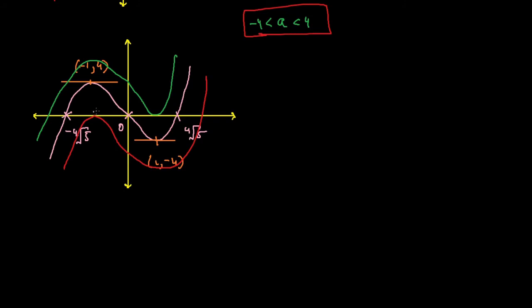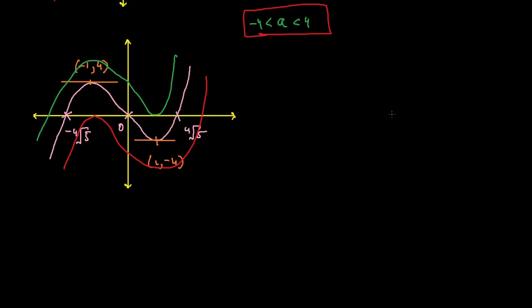So as it is cutting 3 points, when you move this graph upwards, it will look something like this. If a is positive and it is less than 4, it will look something like this. See, there are 3 points at which it is cutting. And also if a is negative and the graph is shifted downwards and a is greater than minus 4, then also you can see that it's cutting the x-axis at 3 points.